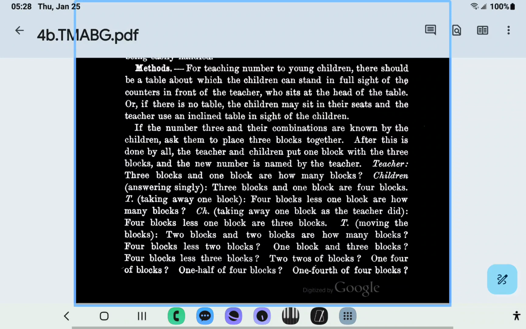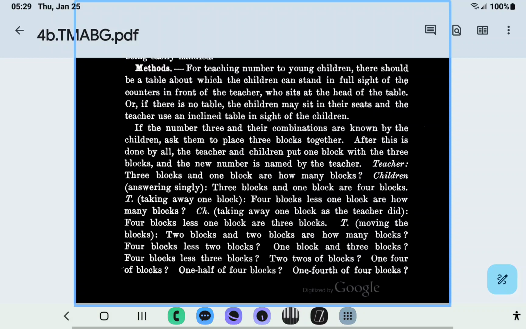Accordingly, pupils should be transferred from one group to another as soon as they are discovered to be ahead of or behind their fellows. Counters. On some accounts, the variety of objects used for teaching numbers in the first lesson should not be great, being limited to the splints or wooden blocks. If blocks are used, they might be either of 3 sizes, viz. cubes 1x1x1 in half, cubes 1x1x1 in quarter, cubes 1x4x4 in the whole. Cubes are preferred by many teachers. Splints have the advantage of being easily handled. Methods.